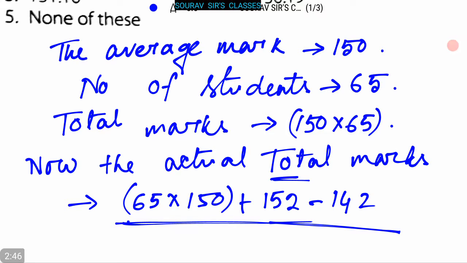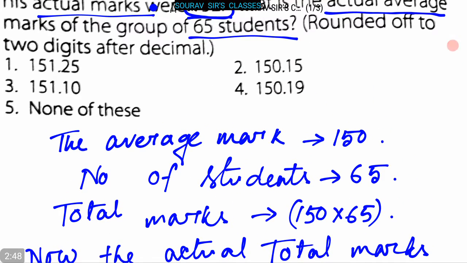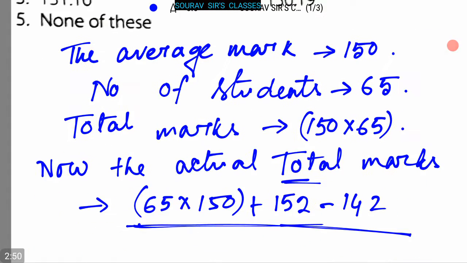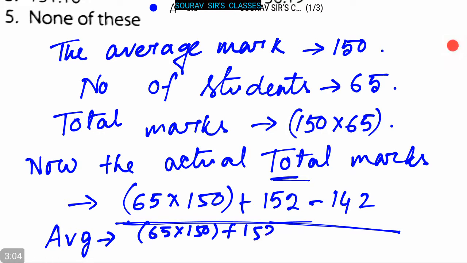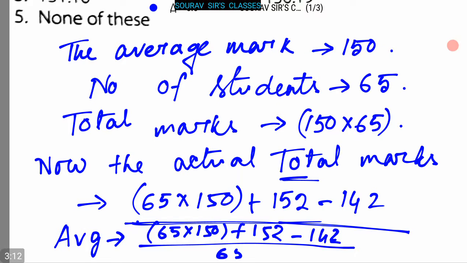Now we have to find out the average actual mark of 65 students. So to find out the average mark, now the average mark of 65 students is 65 into 150 plus 152 minus 142, that whole divided by 65.